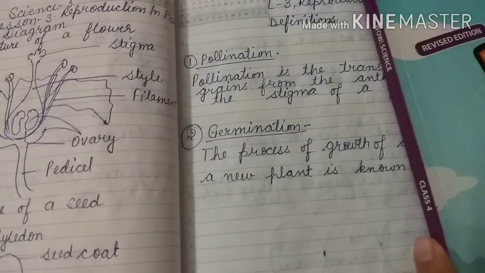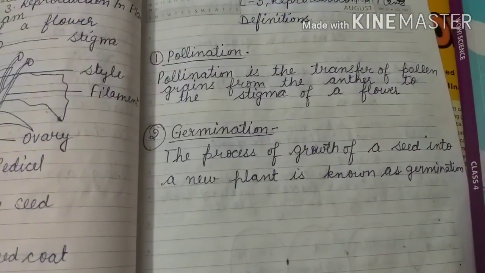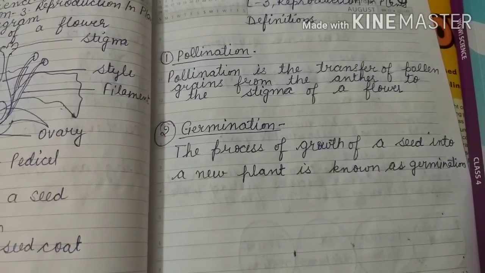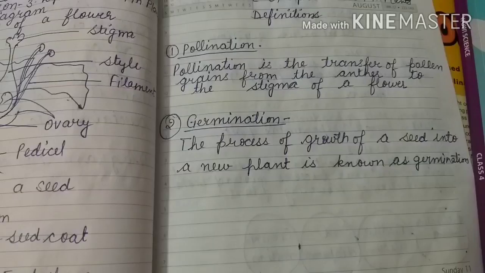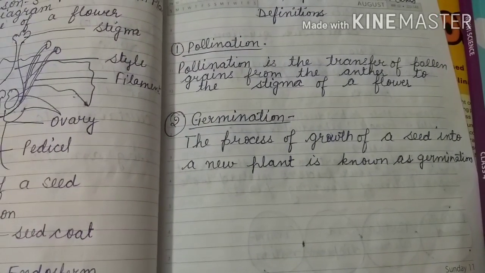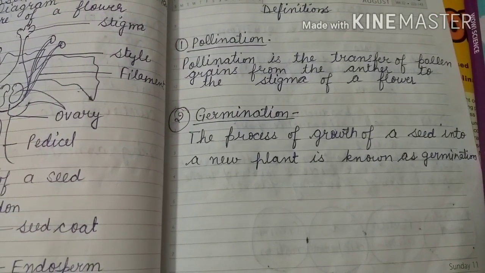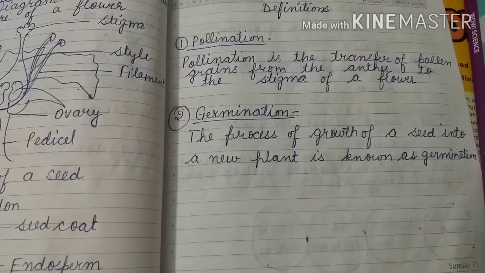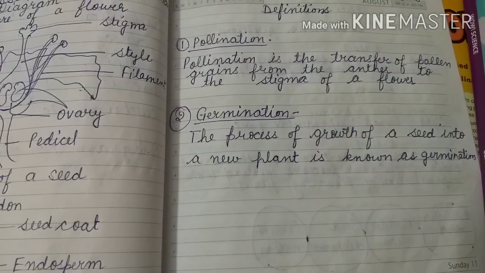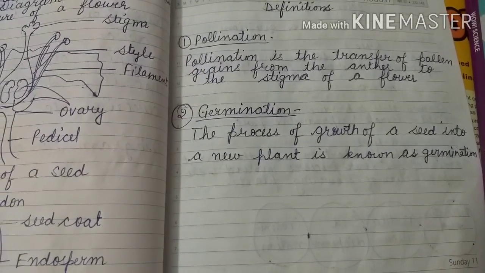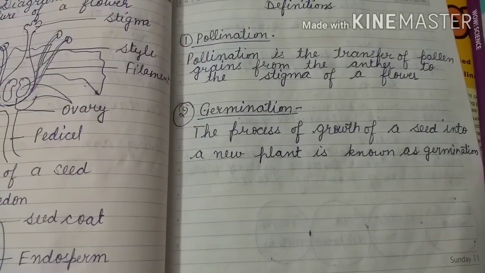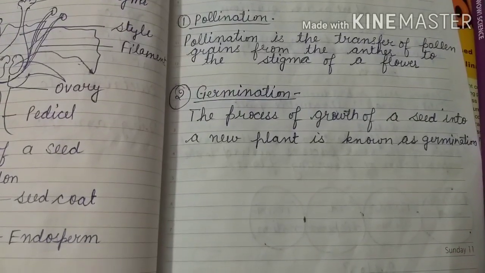Now what is pollination? Pollination is the transfer of pollen grains from the anther to the stigma of a flower. What is germination?